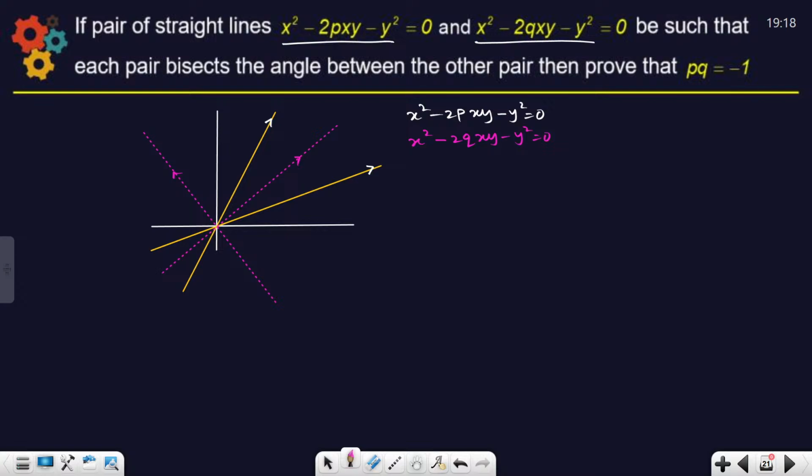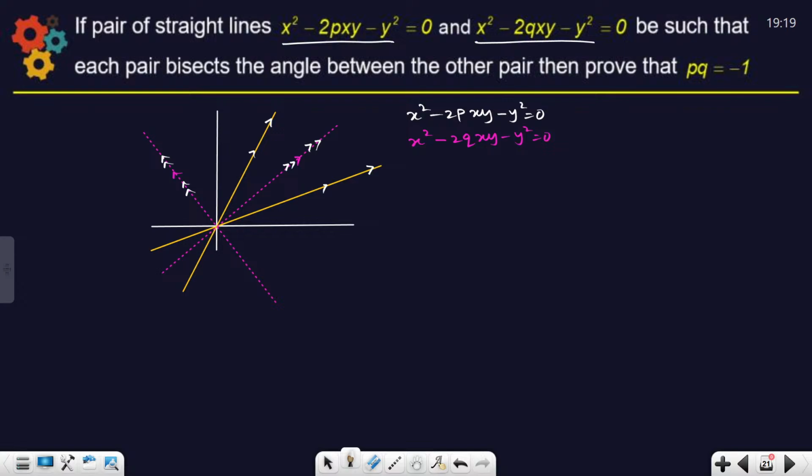The question is, each pair bisects the angle between the other pair. That is, if we consider these two lines, then these two lines will be the angle bisectors of these two yellow lines. Or if we take these two lines, then the two yellow lines are the angle bisectors of the given two lines of this purple color. Are you getting my point?